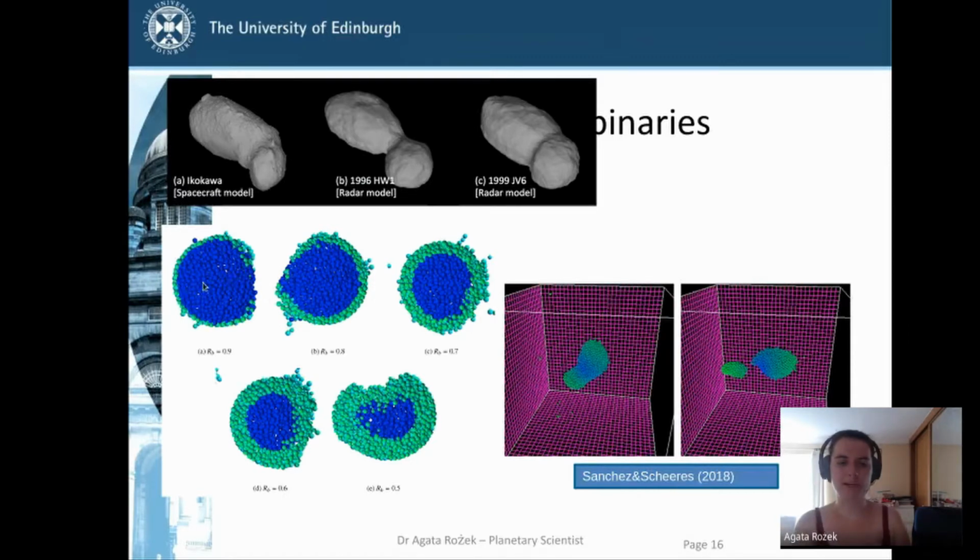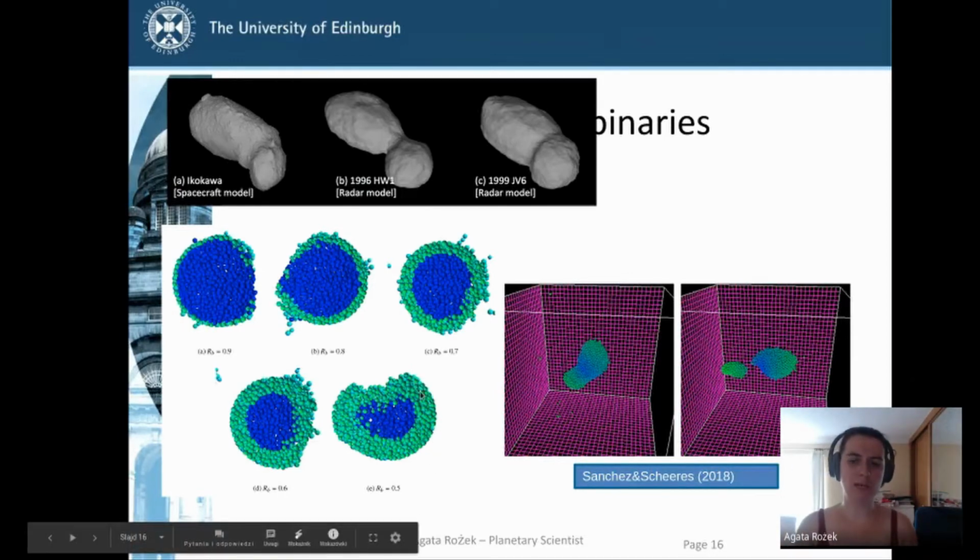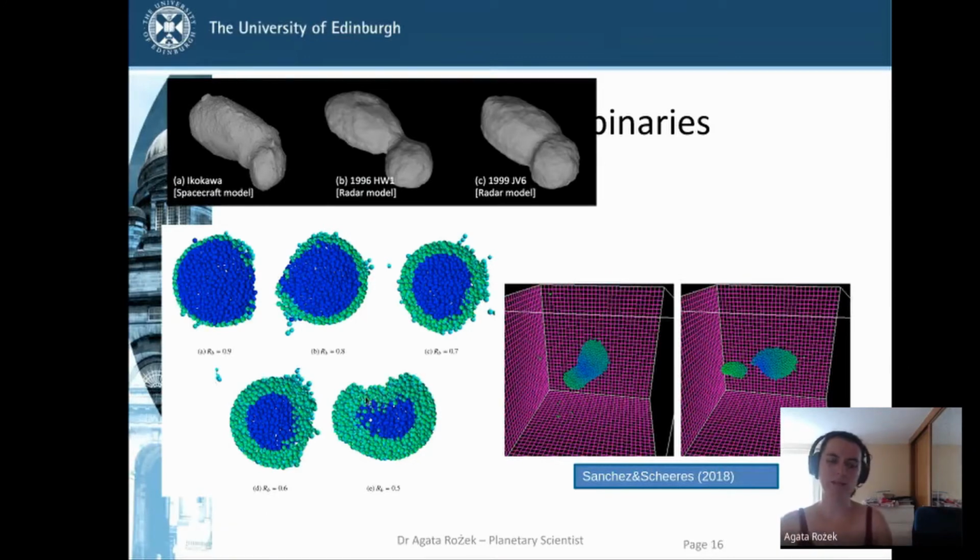And depending on the ratio of the core to the mantle, that deformation can go different ways. With this very specific ratio of weak core to strong mantle, we can see in the simulations that there is a massive dent created in the mantle that then grows, and as the asteroid gets elongated, it forms this region that looks very much like the neck region in the contact binary asteroids.